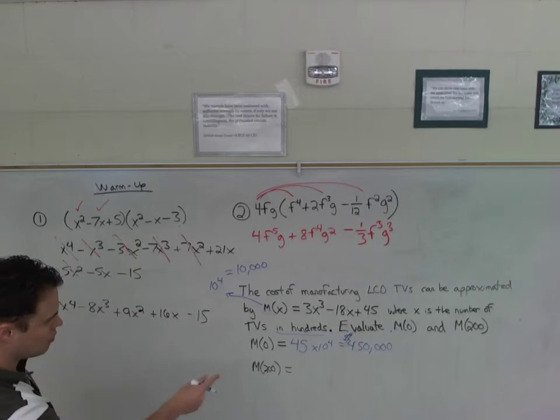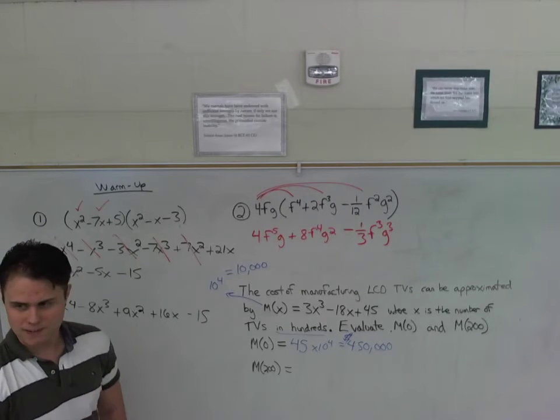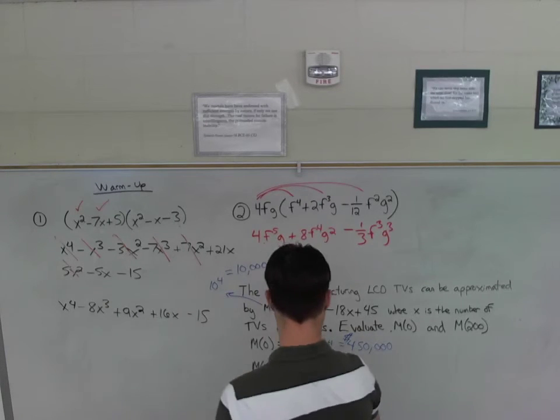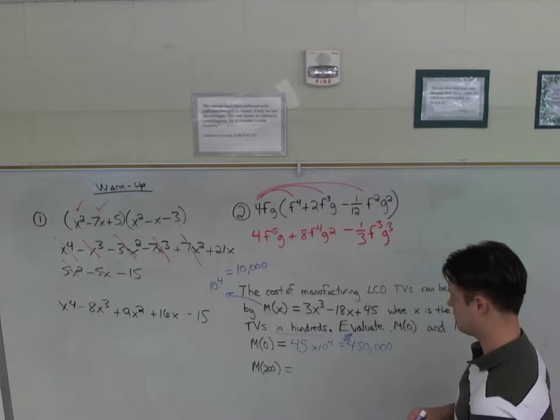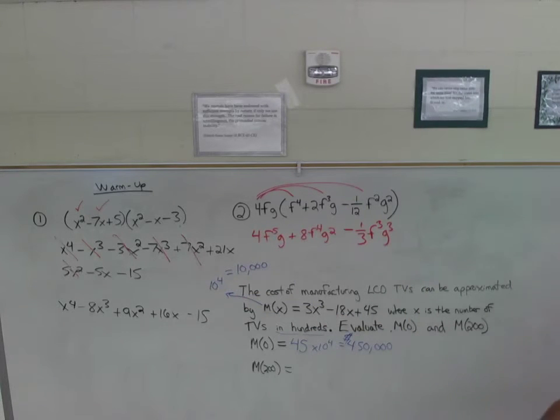All right, M of 200, what is that? Let's put that in our calculators. 8 million minus 36,000 plus 45. Remember, don't touch this order of magnitude until the very end. Just stick 200 in the polynomial. So what is that? I need somebody to tell me. 3x cubed is 8 million. I want the whole thing though.